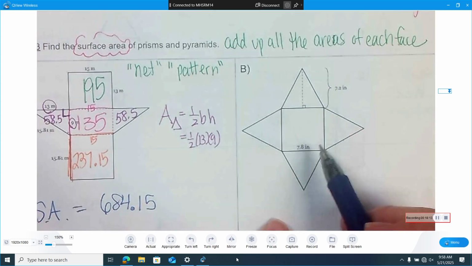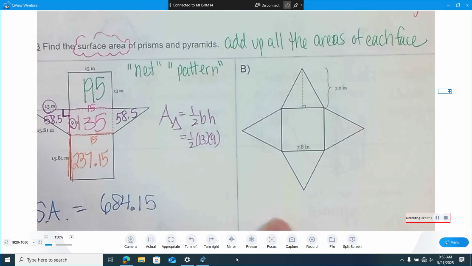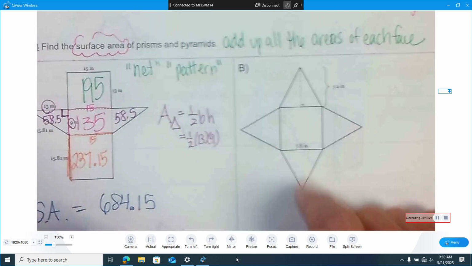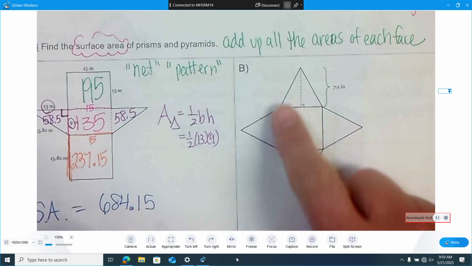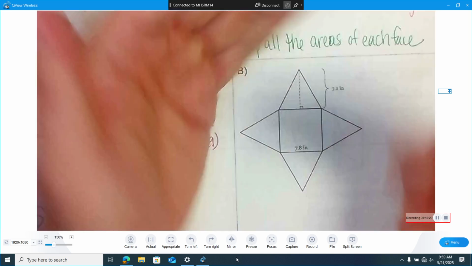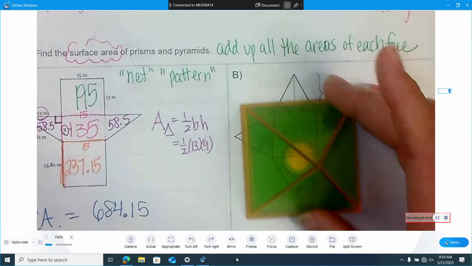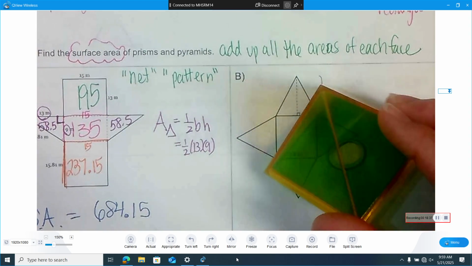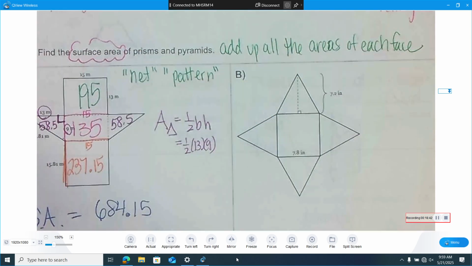All right, so here, what shape is this going to fold up into? You'll know it is a pyramid. Very good. So the base is a square, and then these sides would all fold together, and it would turn into our handy square base pyramid here, because all the sides fold up to a point, okay?